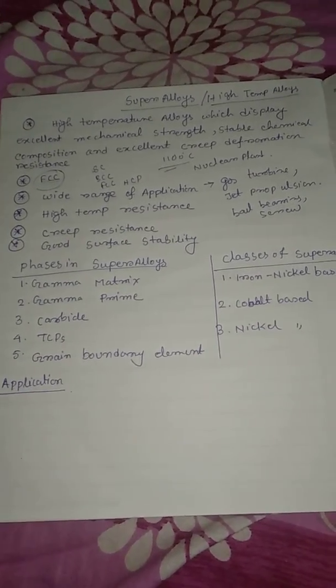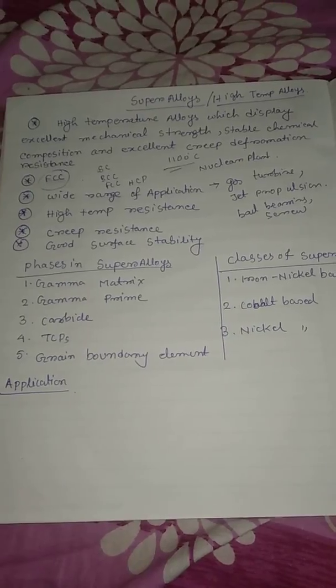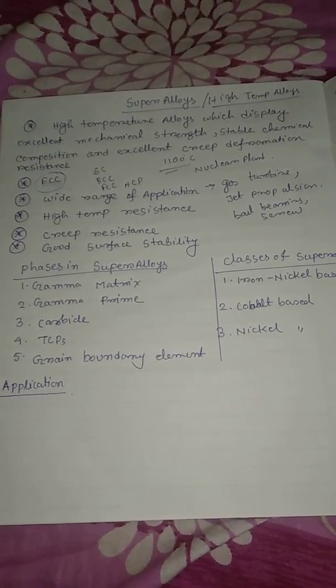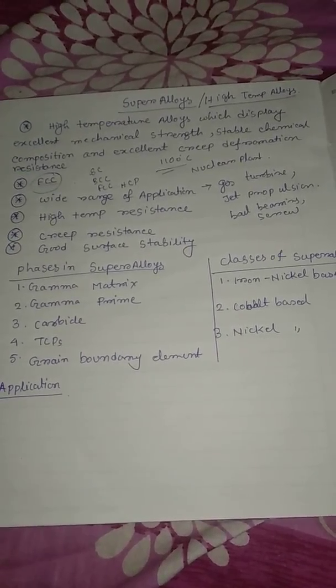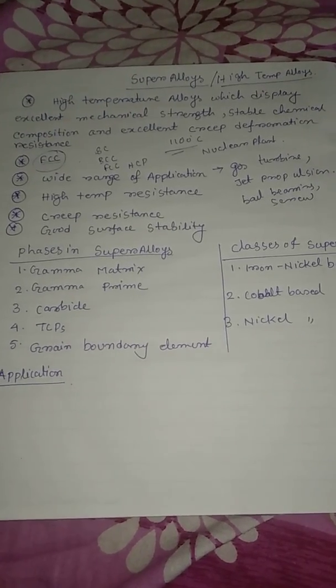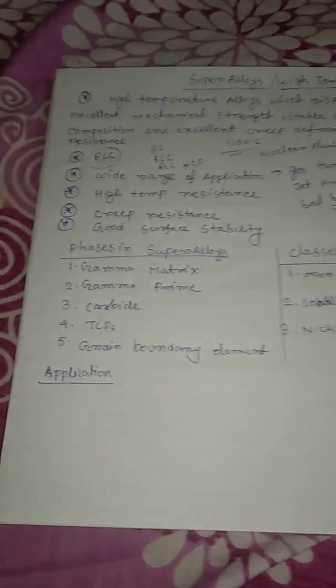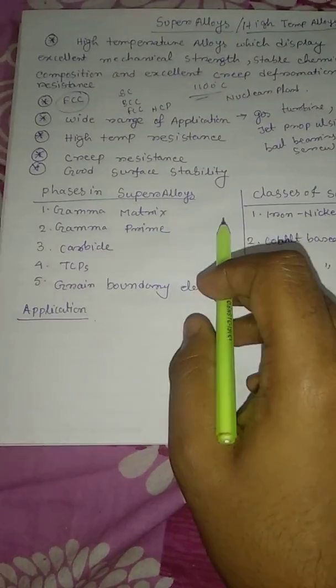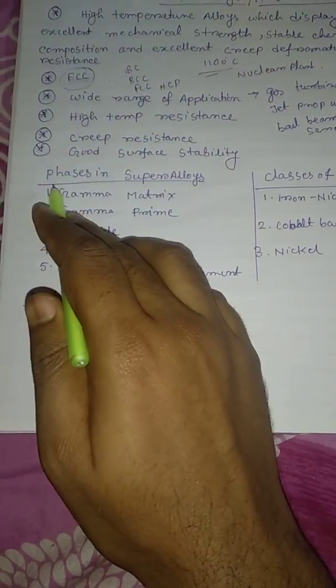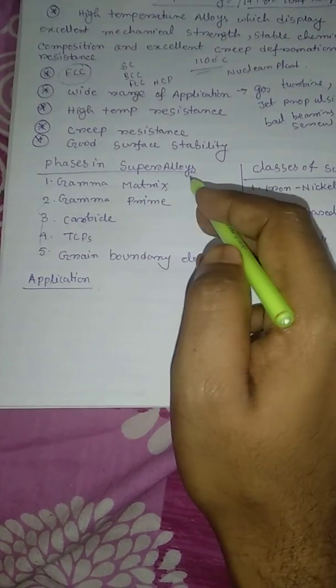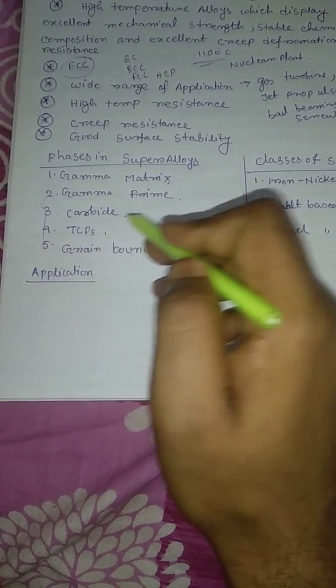The gamma matrix is the continuous FCC arrangement of the major element. So the main five phases are gamma matrix, gamma prime, carbide, TCPs, and grain boundary elements.